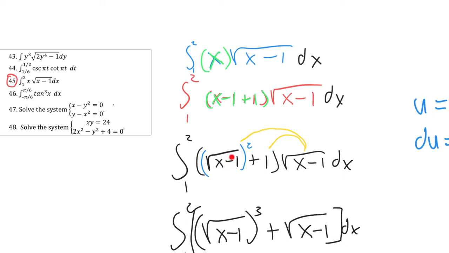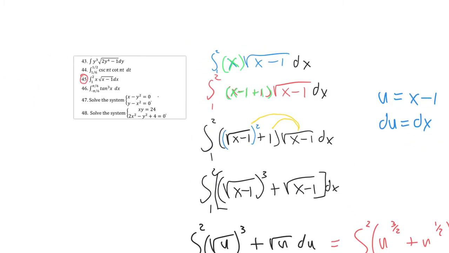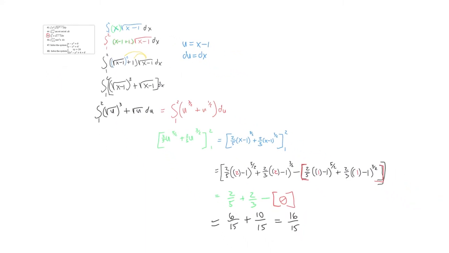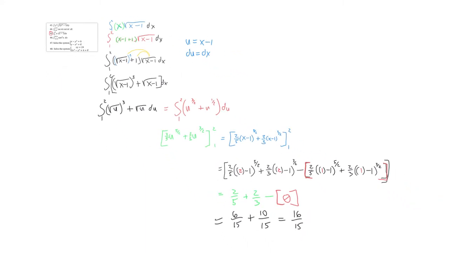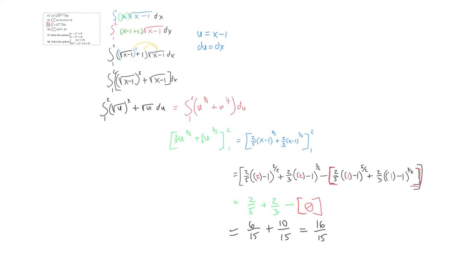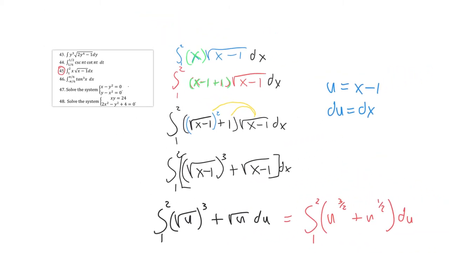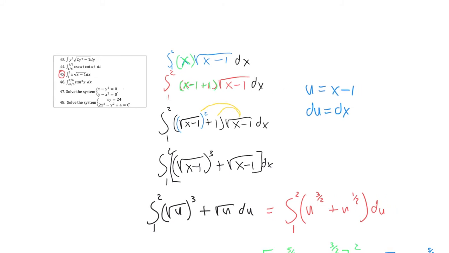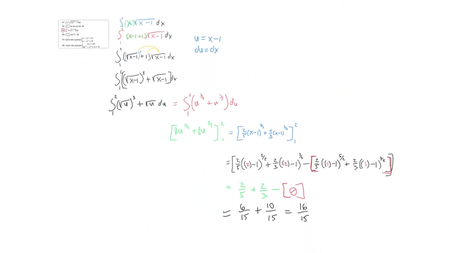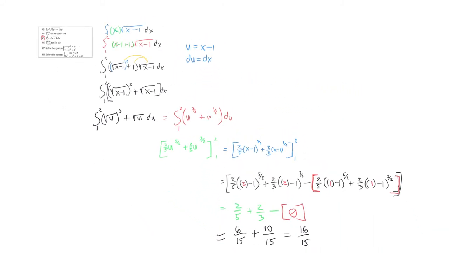Because radical x minus 1 squared, well, that's just x minus 1, and x minus 1 plus 1 is just x, okay? So you have to make sure that you're constructing it in such a way that you do not change the value of x. Now, there might be a better way of doing that, but that's the only way that I would know how to do that at this point. All right, so anyway, 6/15 is the answer.